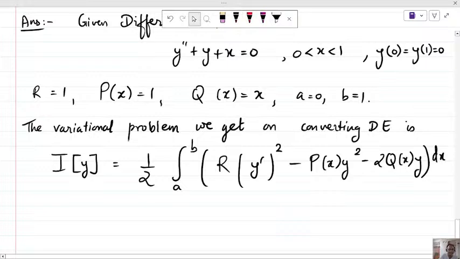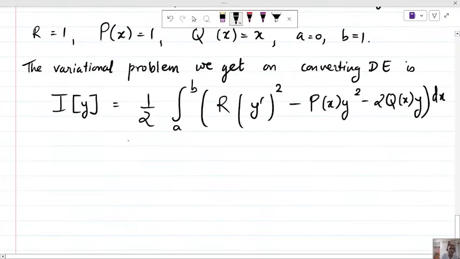This is what we get. So we now write down the required variational problem.